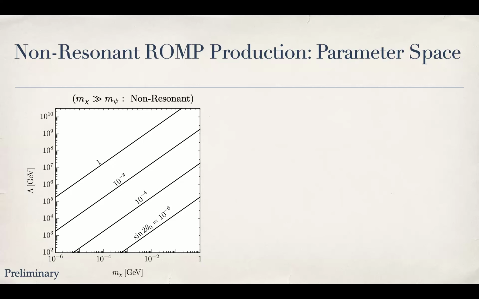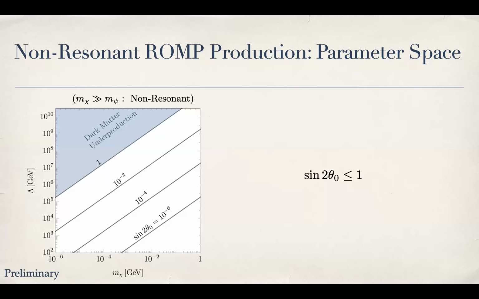And these different contours show the vacuum mixing angle, the input of your theory, i.e. you can write this in terms of m_psi chi, that give you the right dark matter abundance, okay? And so the point is that even for very small mixing angles, you can get the right dark matter, which is what I meant by ROMPs being a very efficient way of producing dark matter. Now let's start populating this plot with some various constraints.